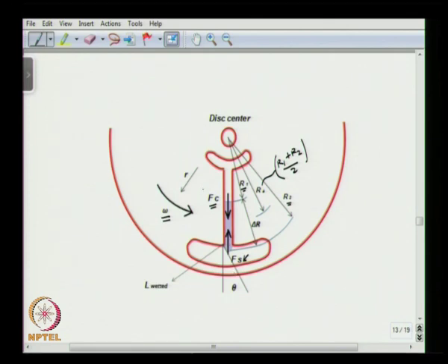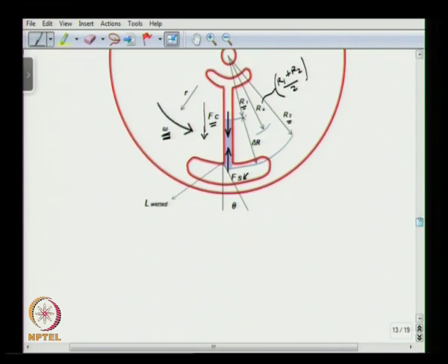So, the flow is occurring in this direction from the center to the perimeter, and the surface tension is trying to prevent escape of this liquid column. Okay. So, we can write down the expression for the centrifugal force and surface tension force and equalize them to determine the speed of rotation, or the frequency of rotation, of the CD. Okay.